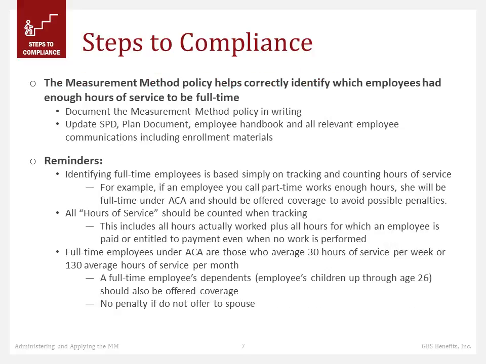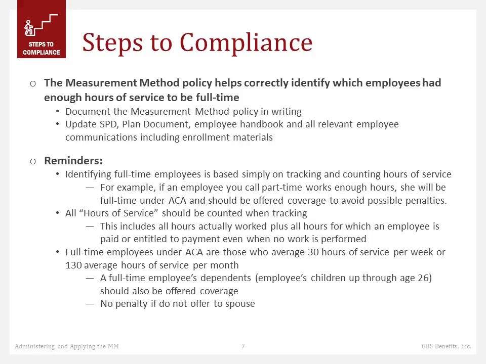So the measurement methods were set up to help you avoid those penalties, and the measurement methods help you correctly identify which employees had enough hours of service to be full-time. So what you want to do, and what we helped you do in step 4, is document your policy in writing, which we call the measurement method policy.